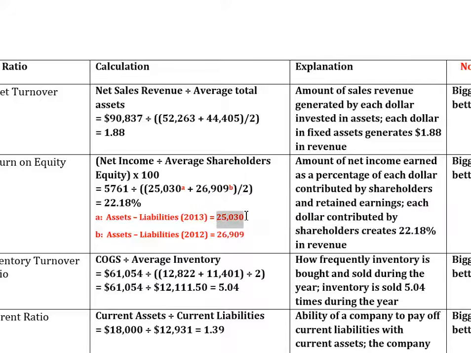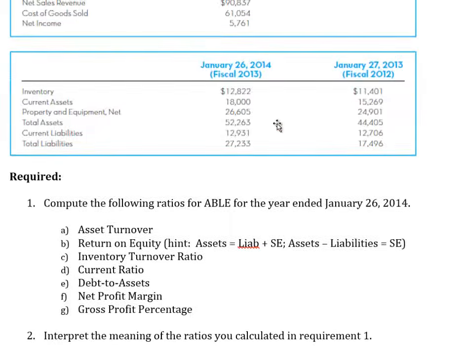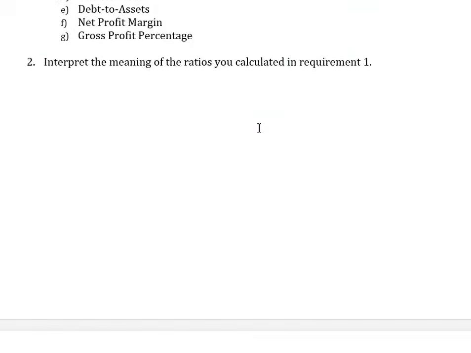What is it at the end? Well, I'm going to go and get that number. I'm going to take my assets, which are 52,263, and deduct my liabilities, which are 27,233, and that's going to give me $25,030 in shareholders' equity at the end of fiscal 2013.